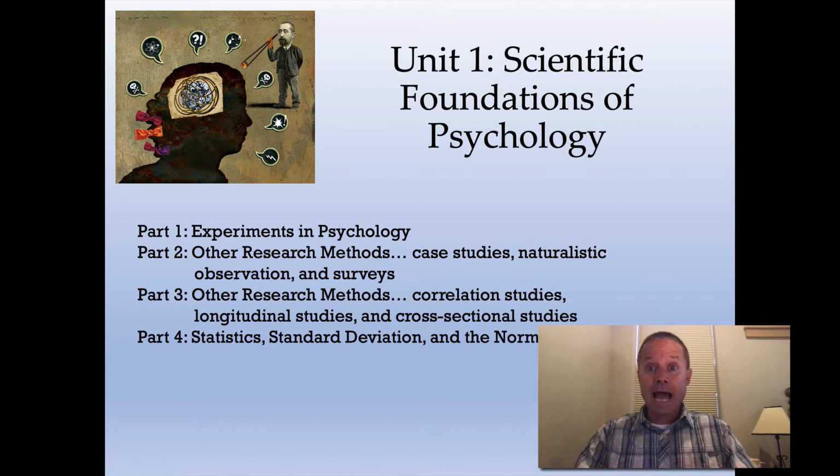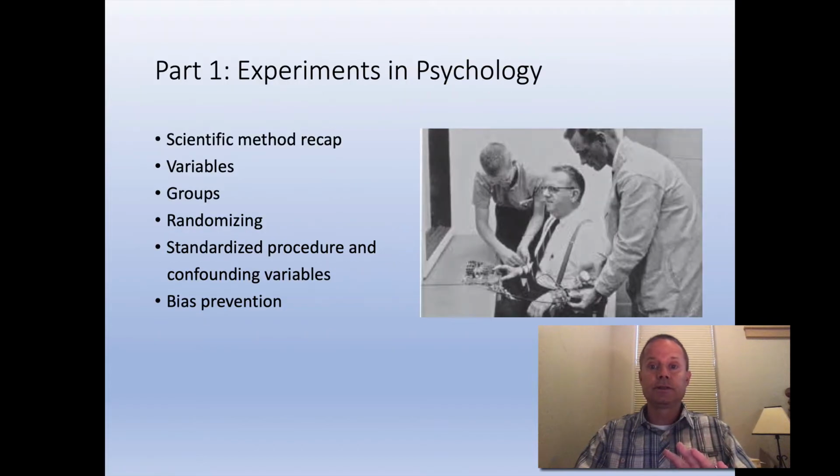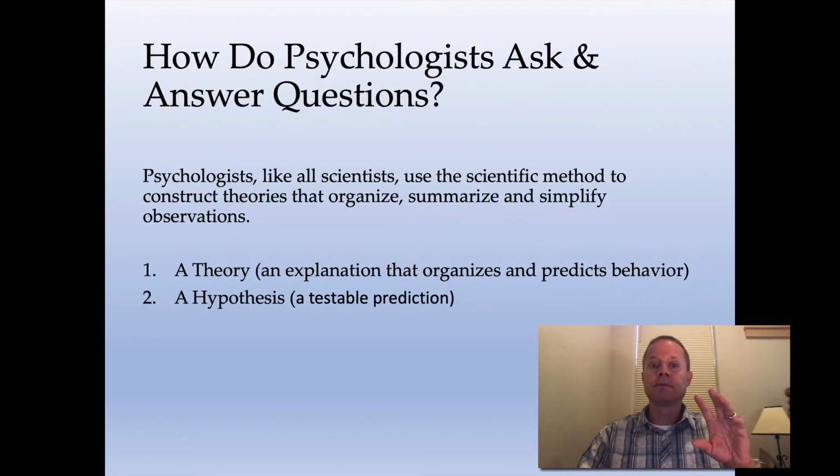But we need to know, like, how do they do the research? So in this screencast, we'll recap the scientific method. We'll talk about different variables, groups, randomizing, a couple of things called standardized procedures and confounding variables, and we'll also talk about bias and how researchers prevent bias.